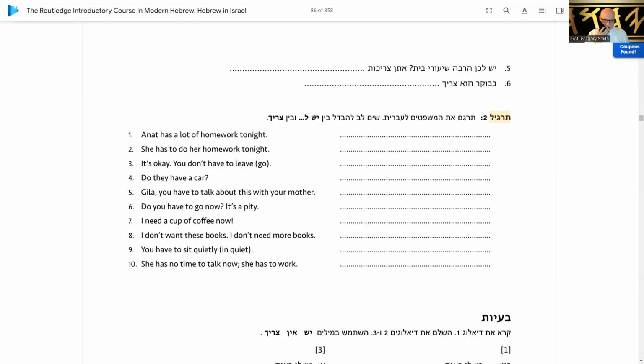Yesh lachem hamekonit. No, it's going to be yesh lahem. Yesh lahem hamekonit. So there is to them a car. So it would be a question.